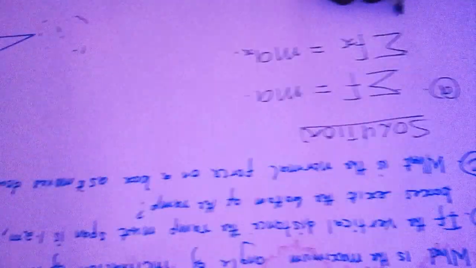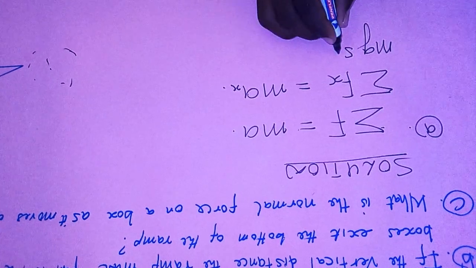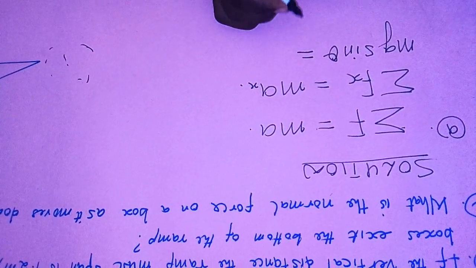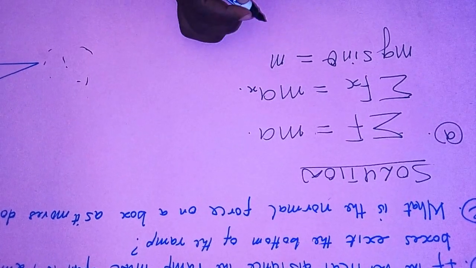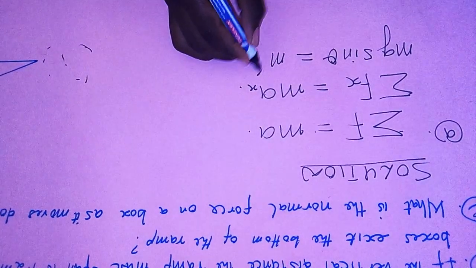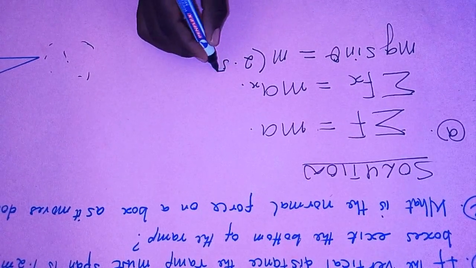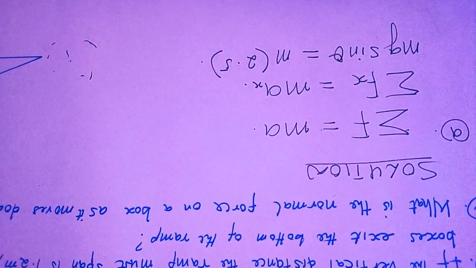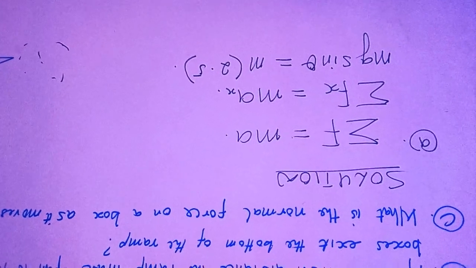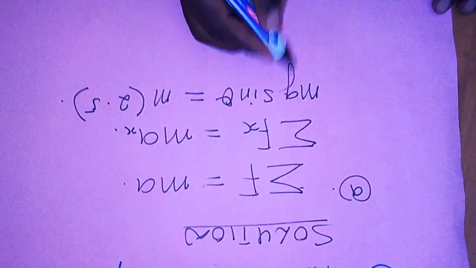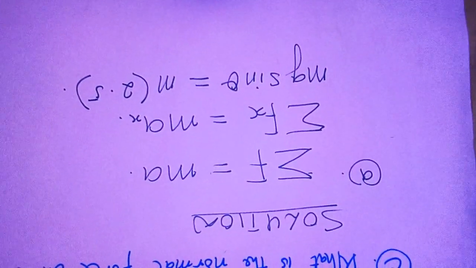So we have mg sine theta equal to mass times acceleration, and the acceleration we've been given to be 2.5. And then we are going to take gravitational acceleration to be 9.81.